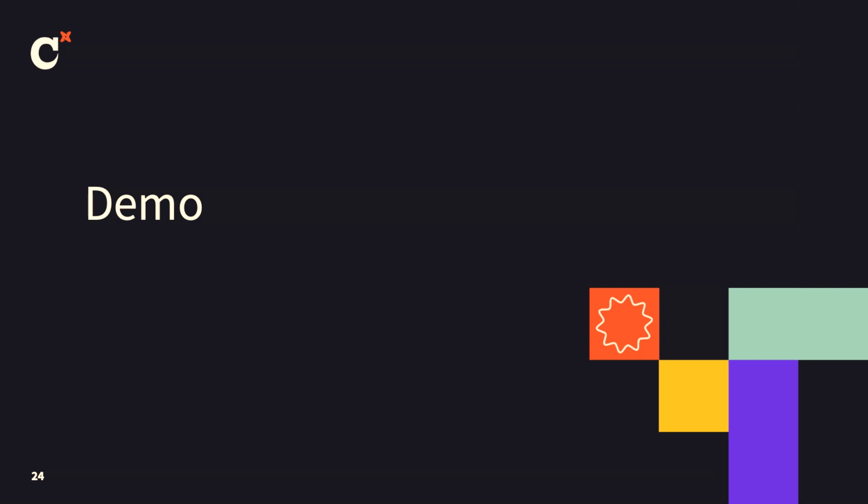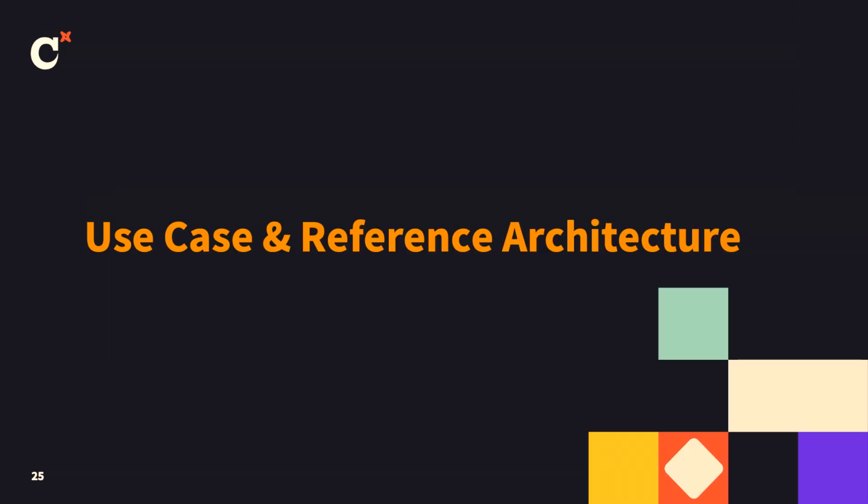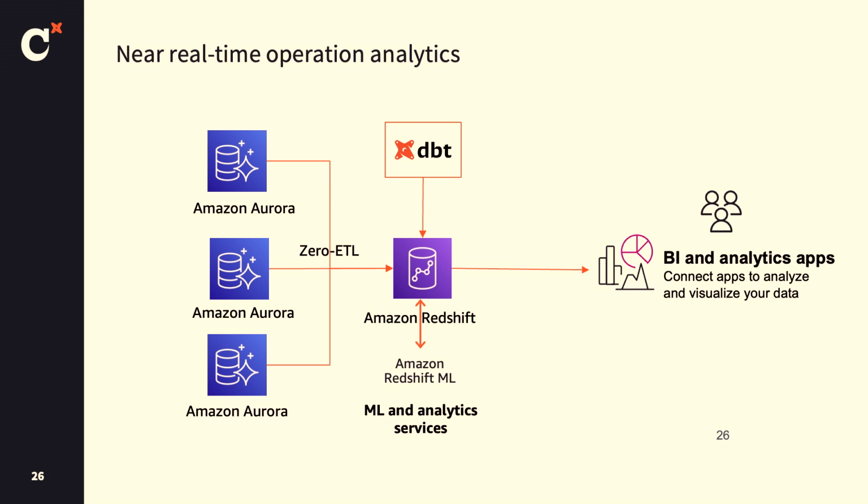So the demo that I have today, use case and reference architecture. So we have any company. Any company has a website for ticketing. We are not Jaffle Shop, but we are any company. What this website does is it allows you to buy and sell tickets online for sports events or concerts.